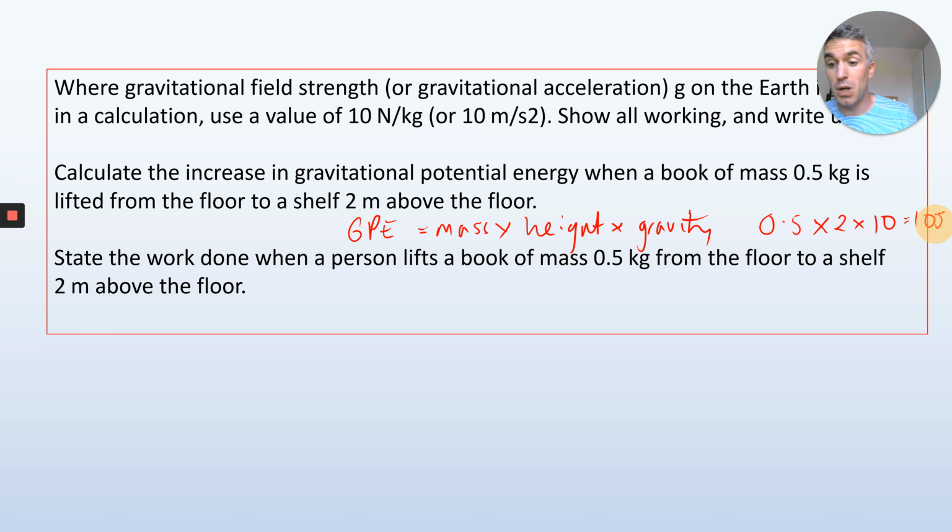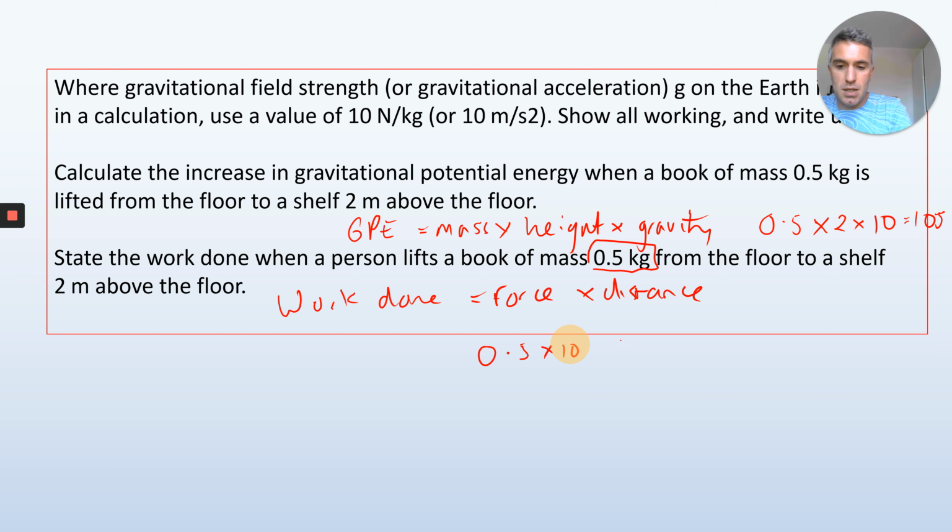Now say the work done when a person lifts a book of mass 0.5 kilos from the floor to a shelf. Okay, so the work done is equal to force times distance. The force, to turn that into a force, we need to do 0.5 times 10.